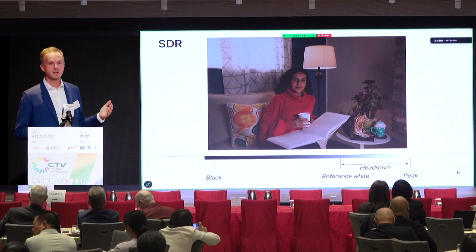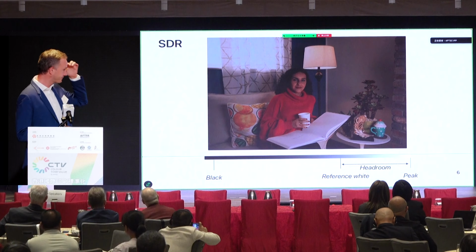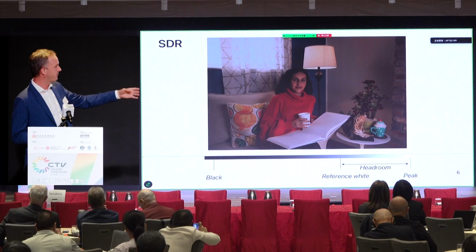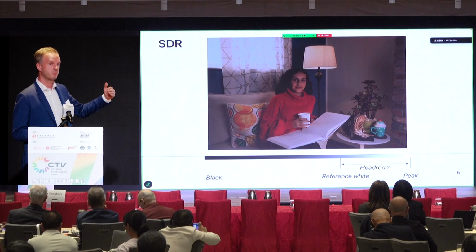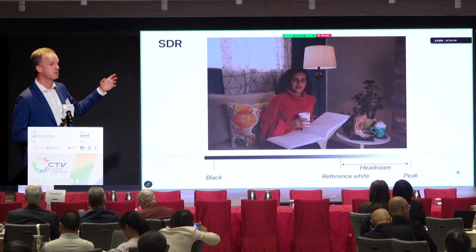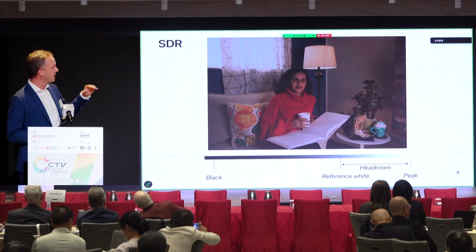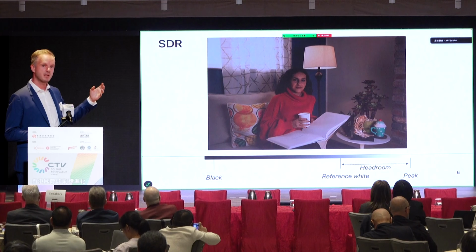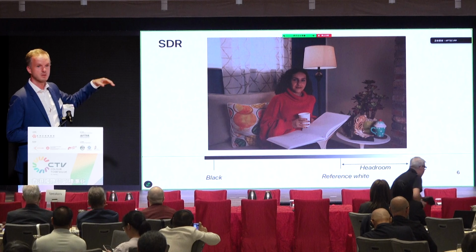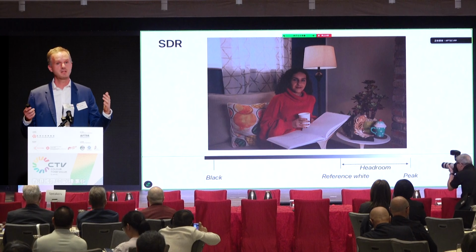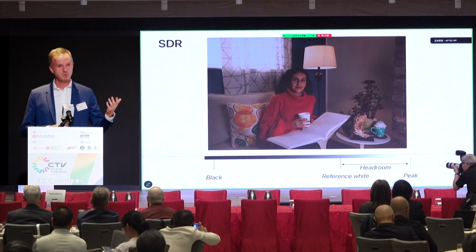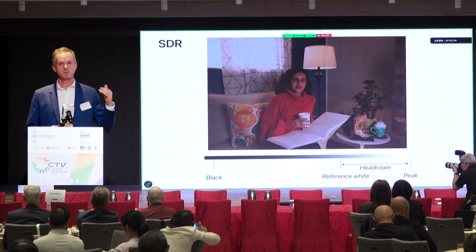In these photos we shot at Apple to exhibit some of the benefits of HDR technology, we have this reference white or diffuse white that you're very familiar with, represented here by either the book or the coffee cup. As you can see, this white in that image is similar to the white of the background window. Essentially, when optimizing for SDR, all the white values, whether they are diffuse white or light sources, are going to be rendered roughly at the same level.